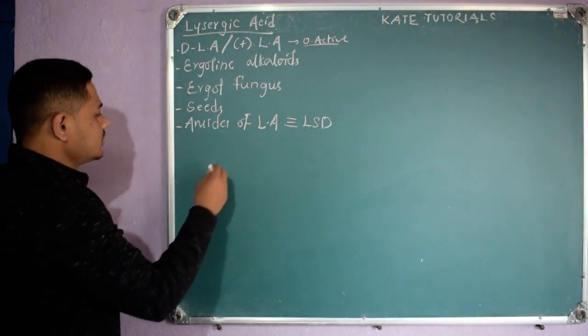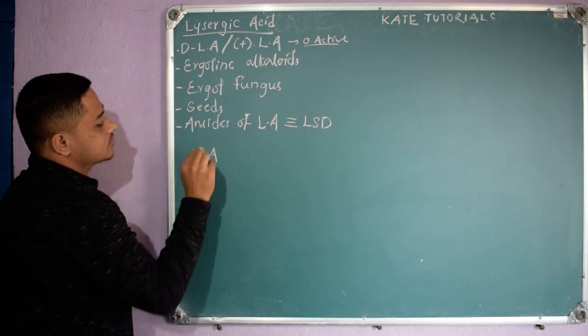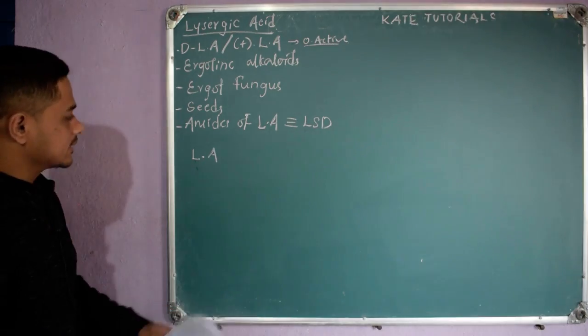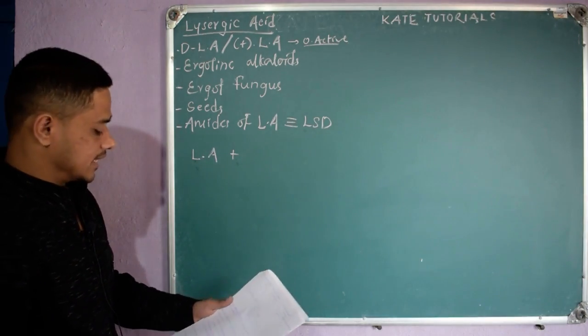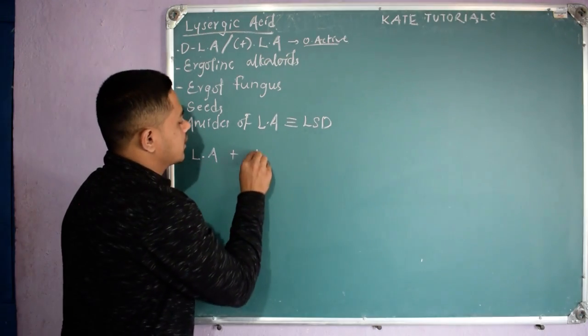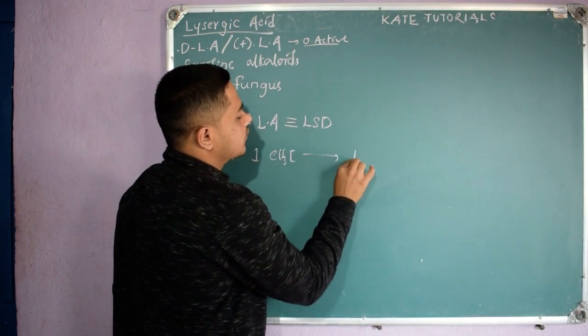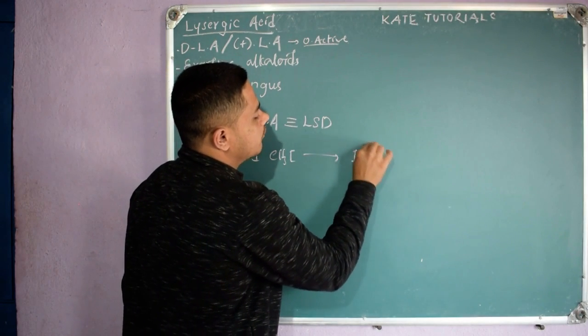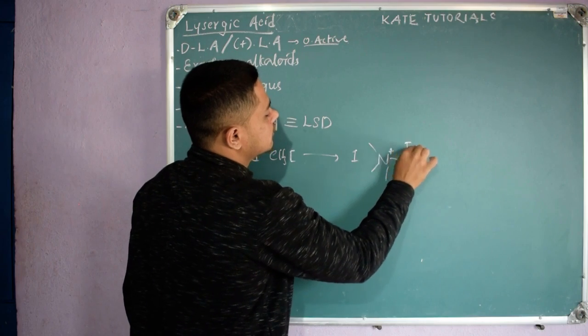The scientists took this lysergic acid and treated it with one equivalent of CH3I. They found that only one equivalent of quaternary ammonium salt formed.